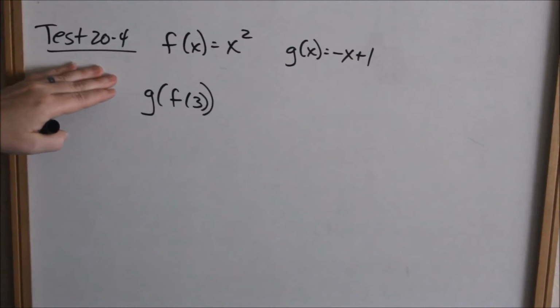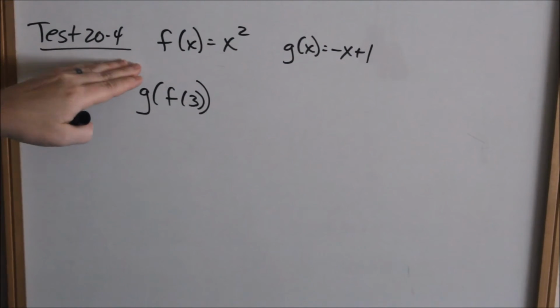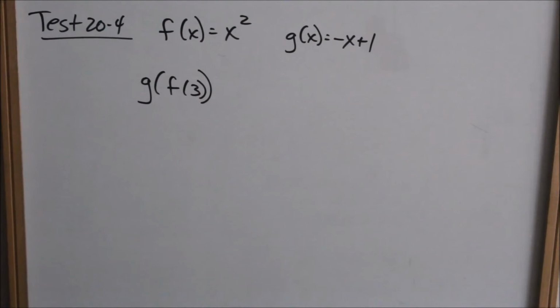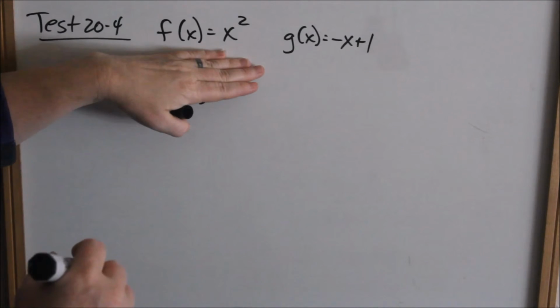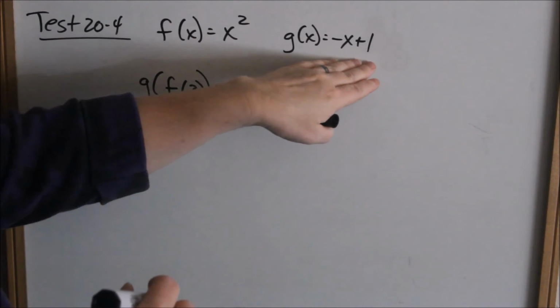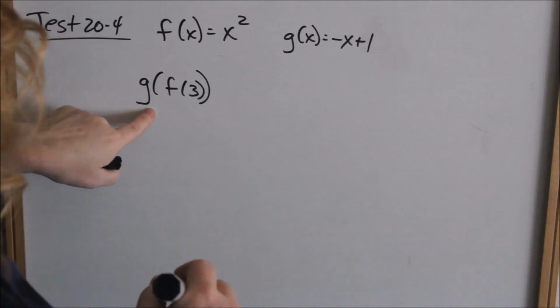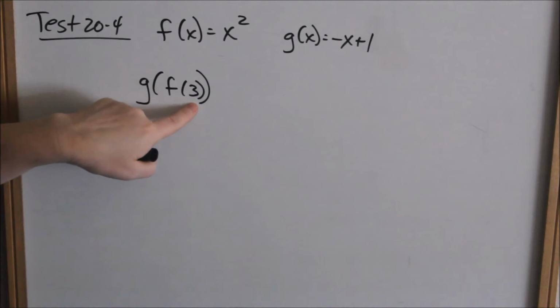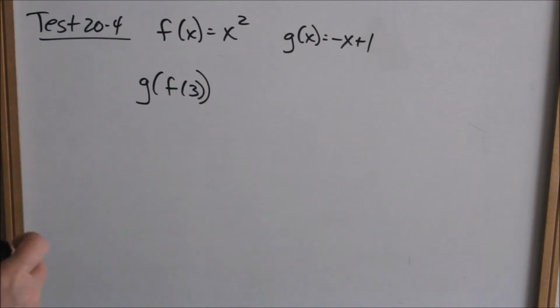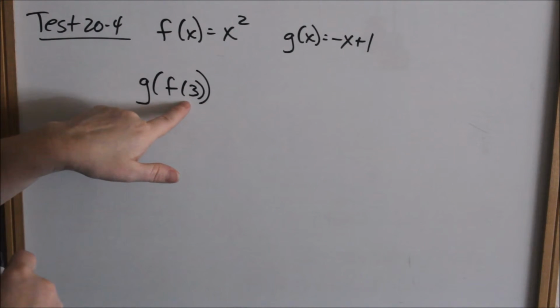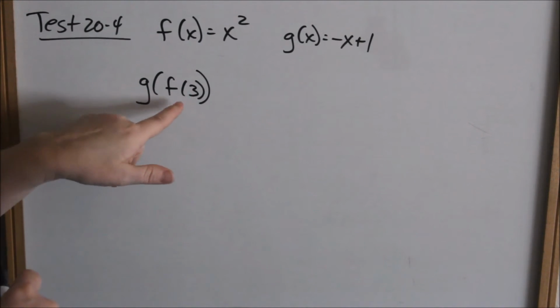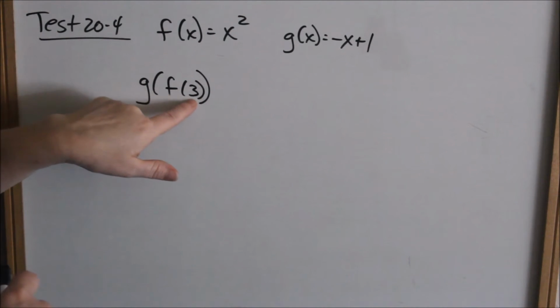Alright, now we're looking at test 20, number 4. We're still doing a function of a function. Here, f of x is x squared, g of x is negative x plus 1. Now you're doing g of f of 3. So you are still substituting, taking f and putting it into g, but before you do that, you're doing f of 3.